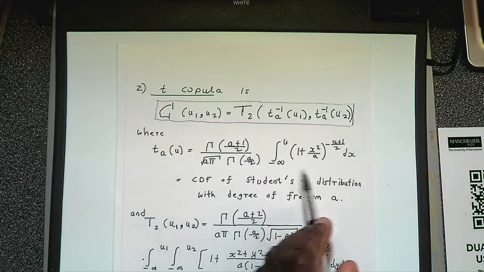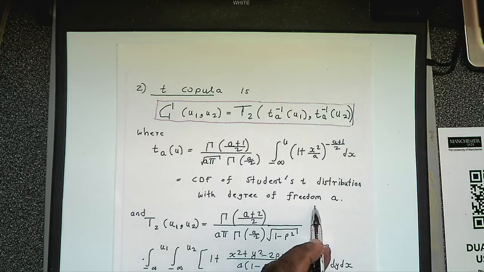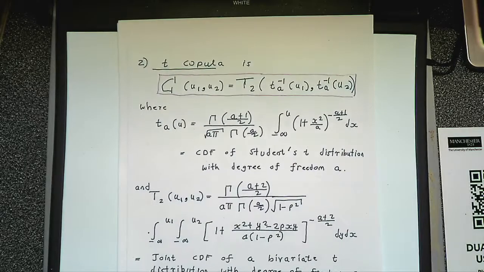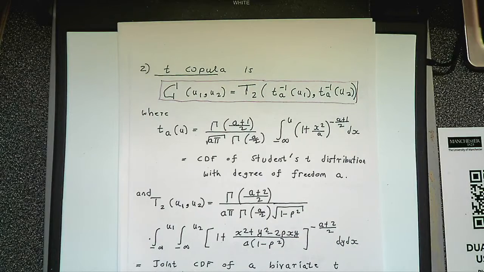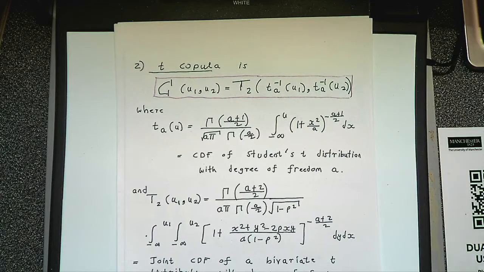This is the CDF of the univariate Student's T distribution with degrees of freedom A, and the capital T2 is the joint CDF of the bivariate Student's T distribution with degrees of freedom A. The T-Copula is a much better model for financial data than the Gaussian copula. The Gaussian is not at all a good fit. The T-Copula gives a much better fit, especially in the tails of the data.